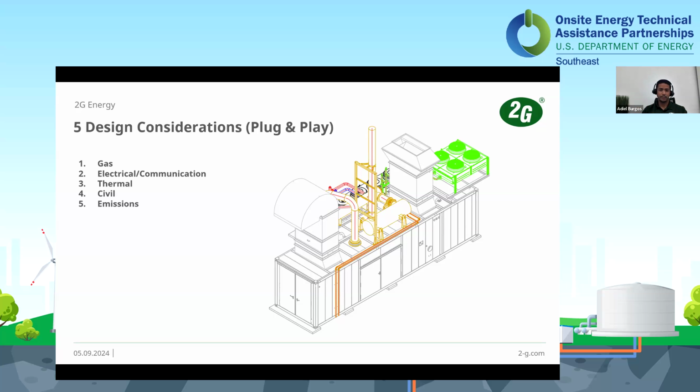If we have steam, what level of feed water to blow down, and the steam pressure going to the system, and the emissions. And we do help guide our customers through what they need on their end to make sure that the interfaces are as smooth as possible for the installation.